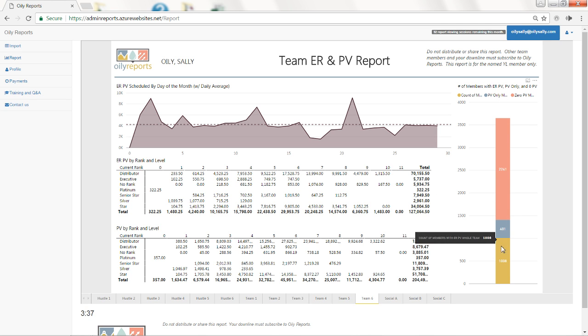And then this report is just a simple way to keep eyes on what is really happening on your team: the number of members that have ER, the number of members that have PV only, they don't have any ER, and then finally the members that don't have anything.